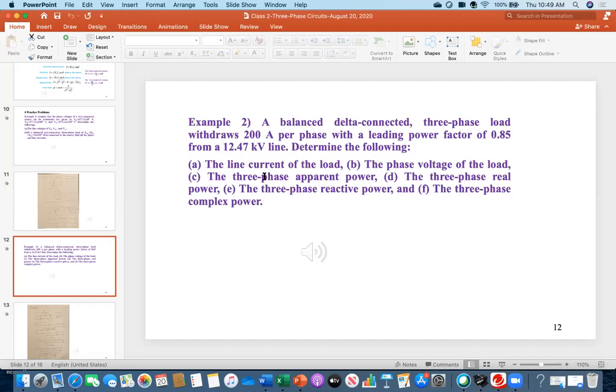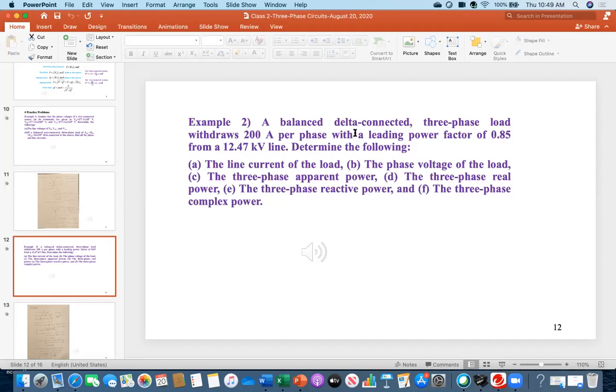Then determine the following: line current of the load, phase voltage of the load, three-phase apparent power, three-phase real power, three-phase reactive power, and three-phase complex power. You see, most of the quantities are being asked in this problem.